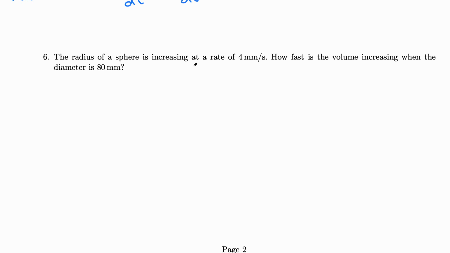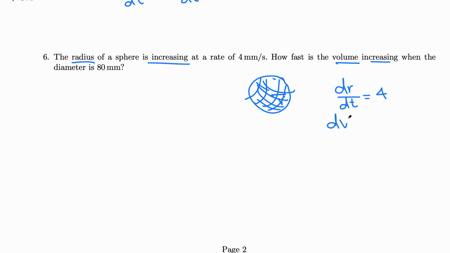The radius of a sphere. So we got a sphere, the radius is increasing, so dr over dt, increasing, decreasing means rate, at the rate of 4 millimeters per second. How fast is the volume increasing? So volume increasing means the rate of change of volume of this sphere. dV over dt is what?